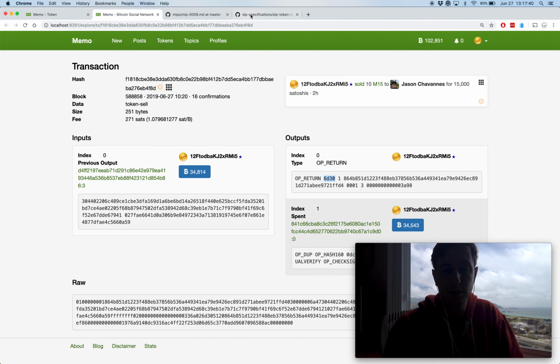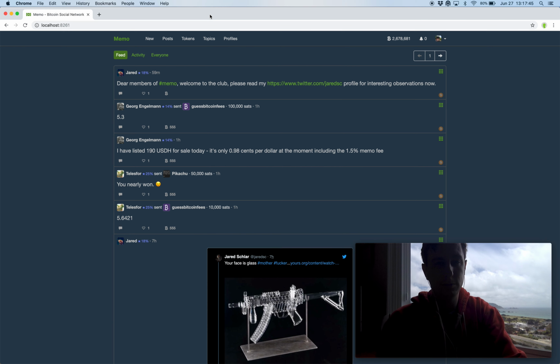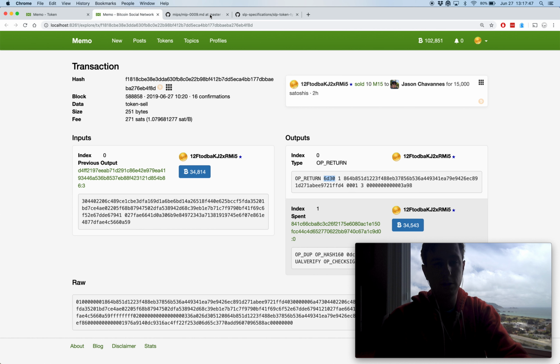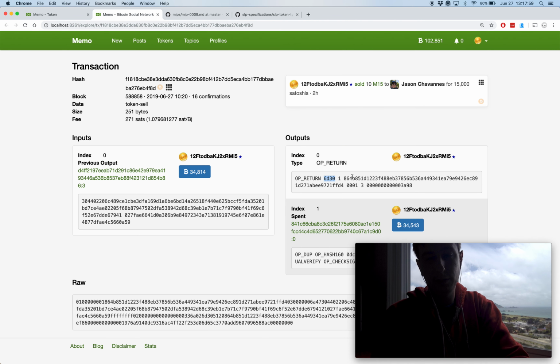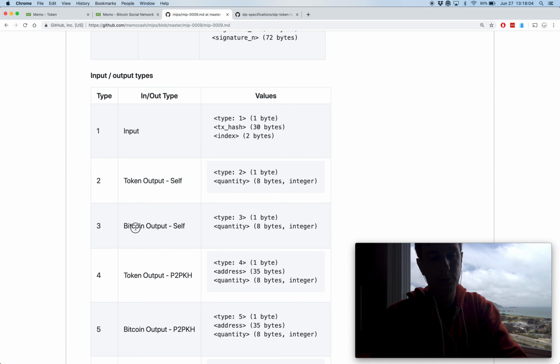So, type 1 is an input, and so that means the next item after that is the transaction hash and the index, which is a UTXO. So you're saying, I want this UTXO as an input, and then 3 means I want Bitcoin coming back to me of this quantity as an output.